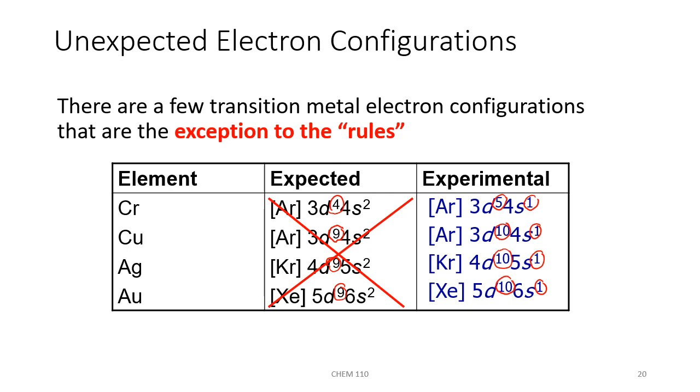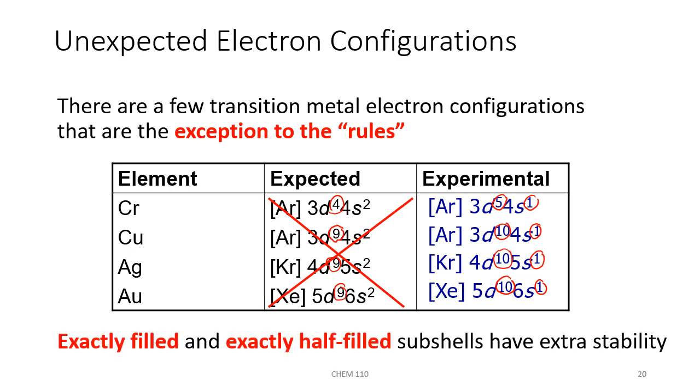So what's happening is an electron is being promoted from the 4s or the 5s or the 6s subshell to a d subshell. And that's because having either an exactly filled or an exactly half-filled subshell has extra stability.